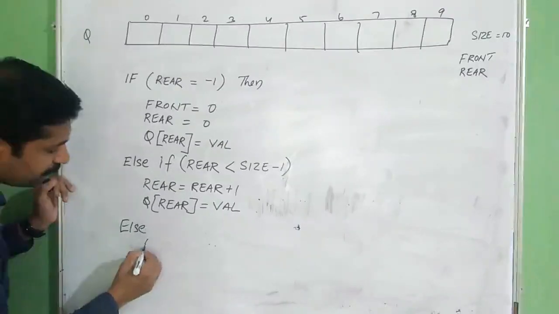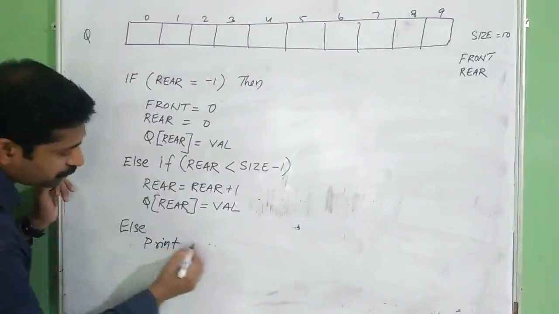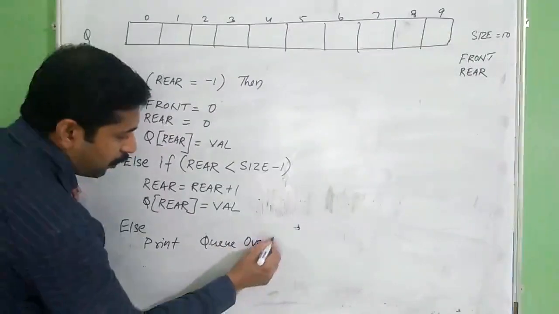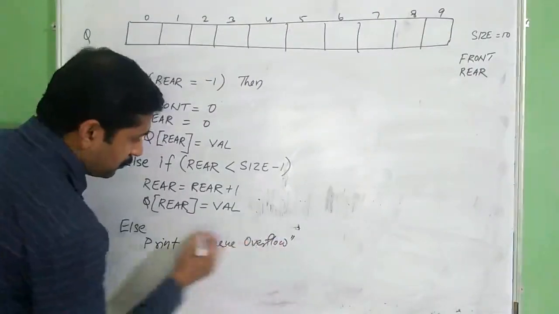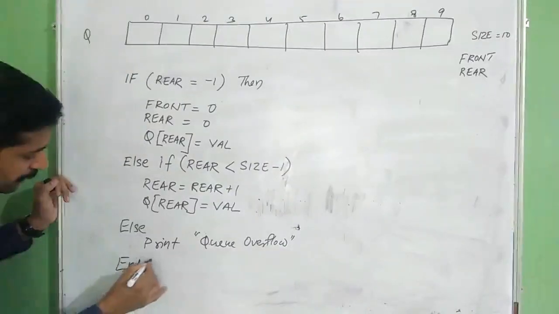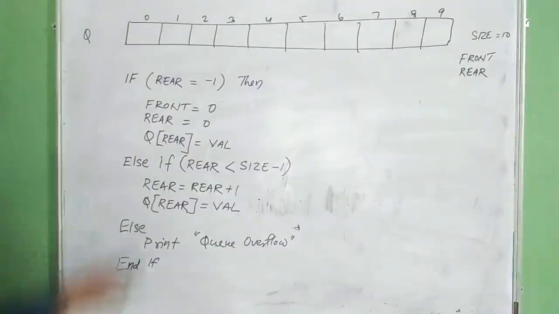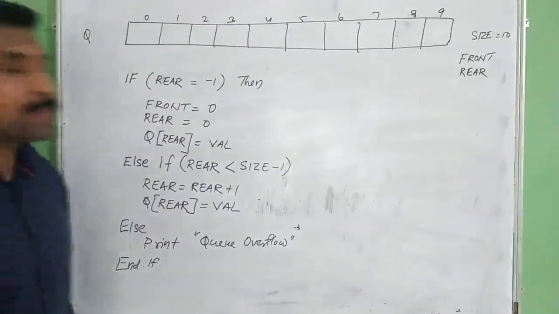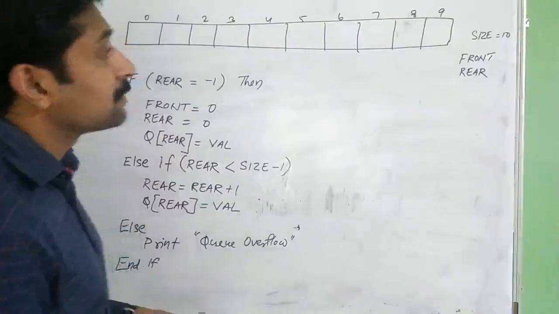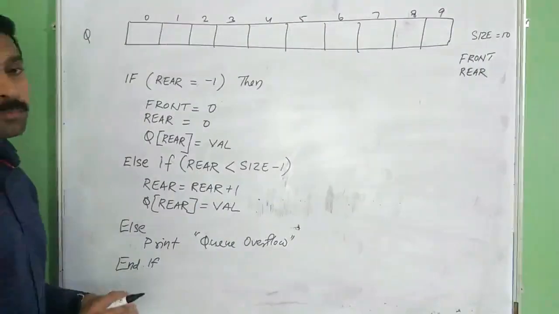In that case, print queue overflow. So this is the algorithm for performing the insert operation into a queue.